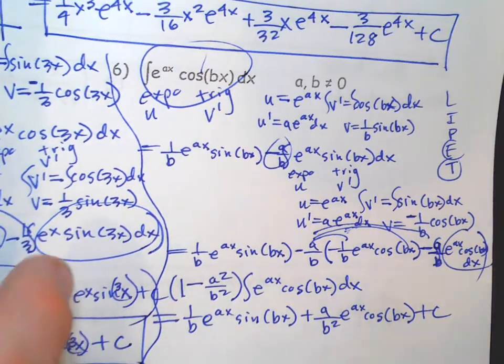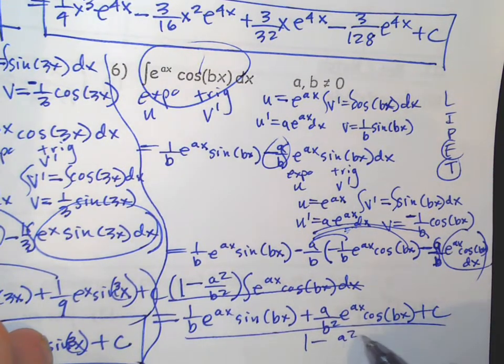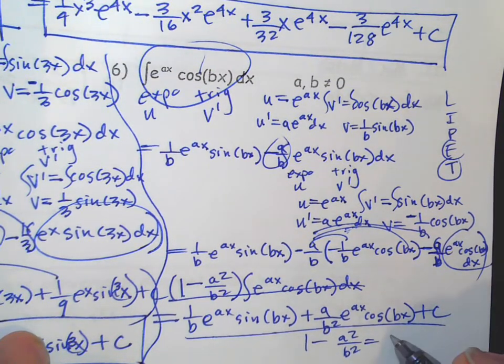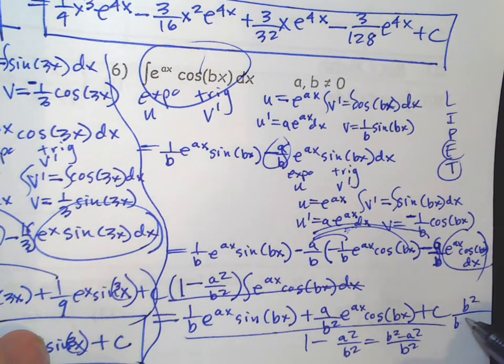So now we just need to divide both sides by this, 1 minus a squared over b squared. It might be good to change this so it's not a complex fraction. So this is the same thing as b squared minus a squared over b squared. And then we can multiply by the reciprocal, right?